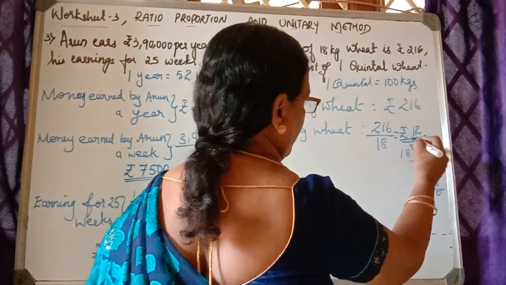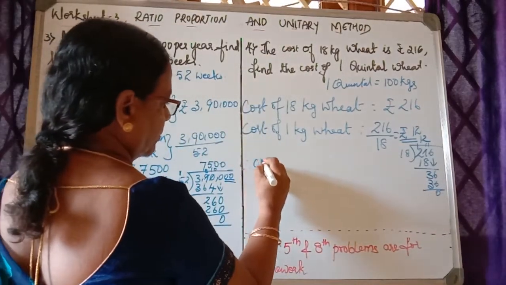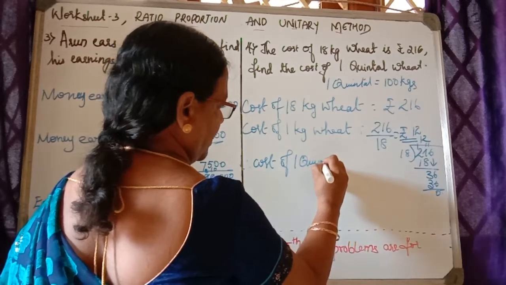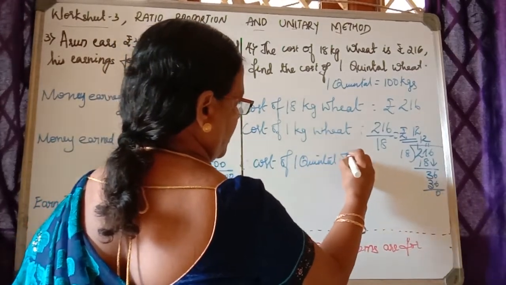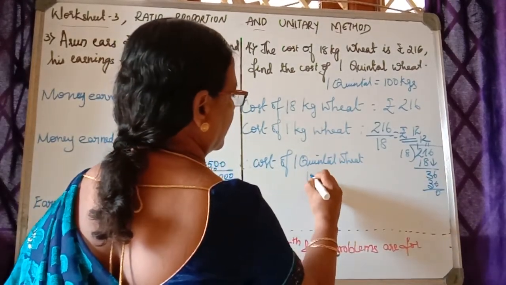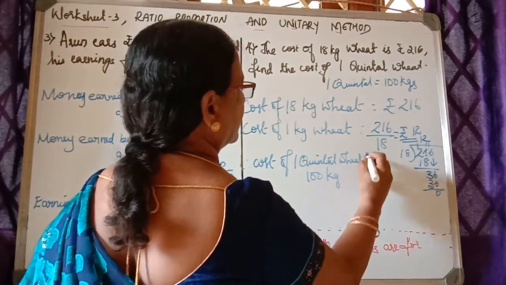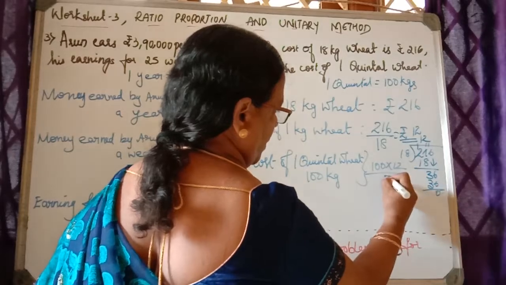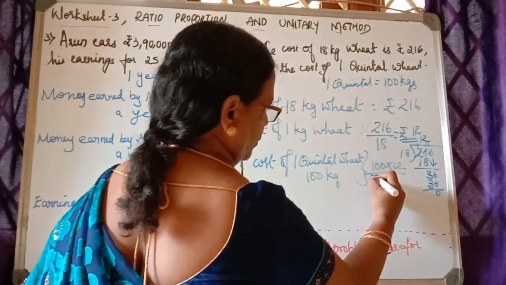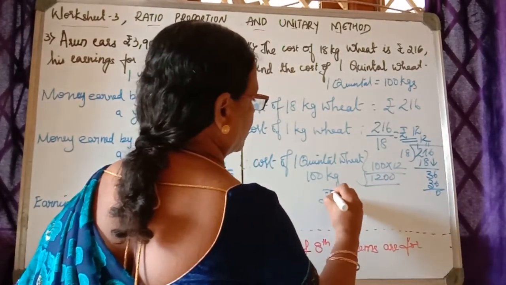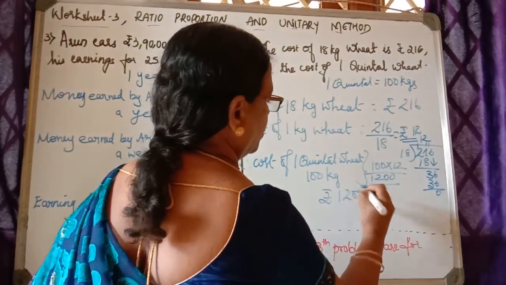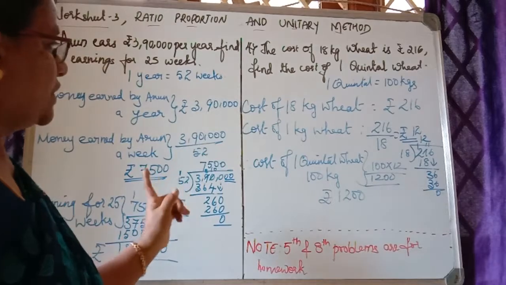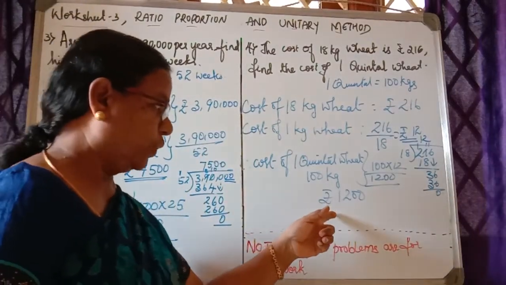Rupees 12. Therefore, cost of 1 quintal wheat, that is 100 kg wheat, is 100 into 12. So how much is 1 quintal wheat? 1,200.